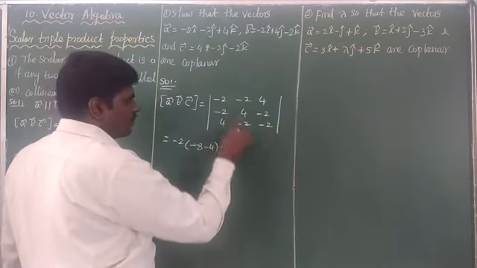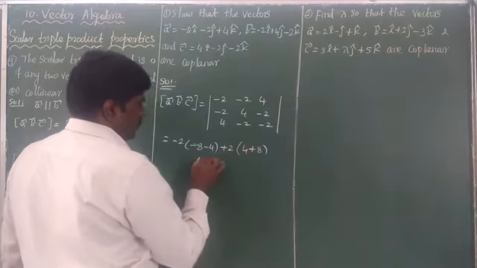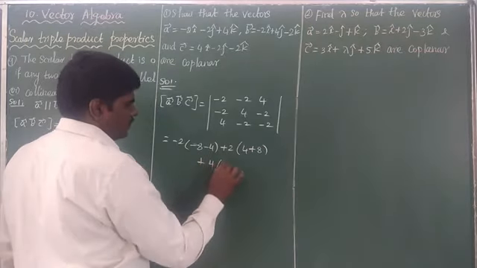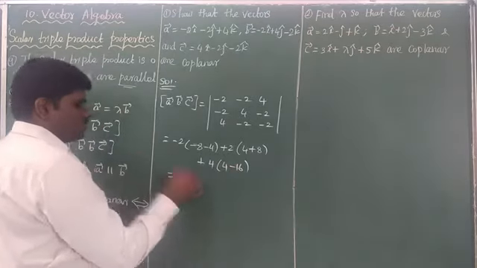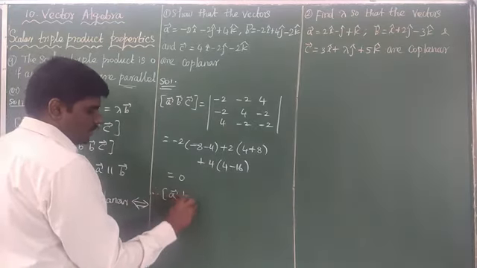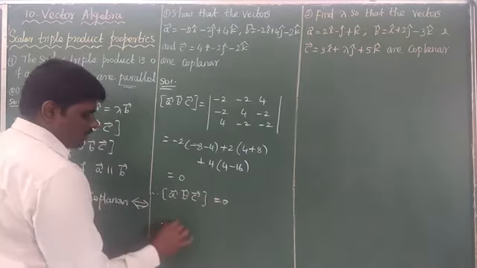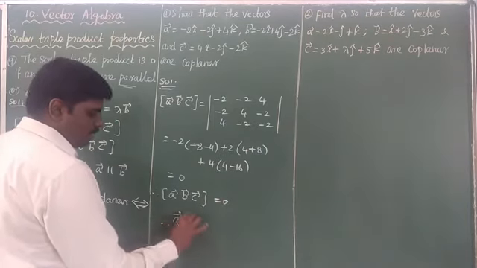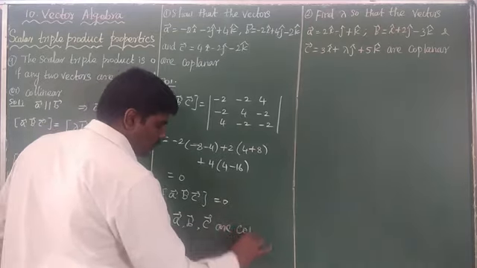Simplify, +4, +8. Okay, +4 into, simplify, +4 -16. You simplify and the value should be 0. What is the conclusion? The scalar triple product of A vector, B vector, C vector is equal to 0. Therefore, what is the conclusion? A vector, B vector, and C vector are coplanar.